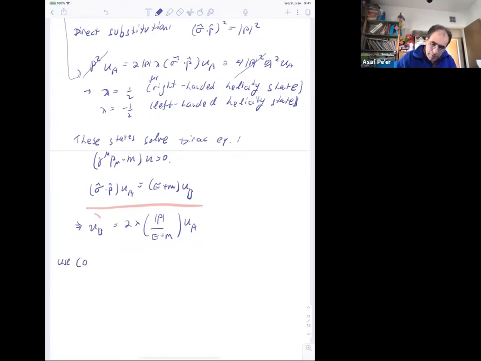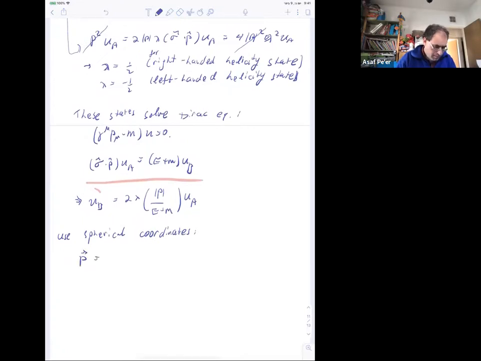Right, p is p times (sine theta cosine phi, sine theta sine phi, cosine theta).